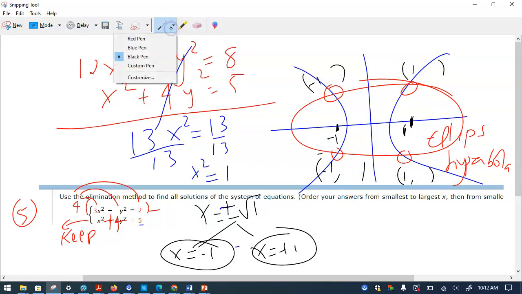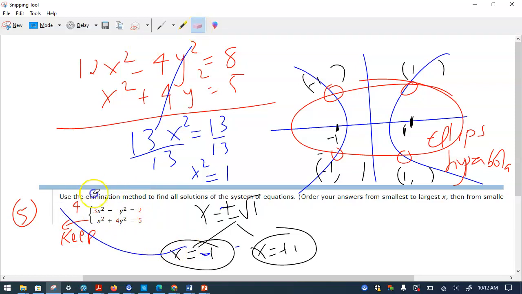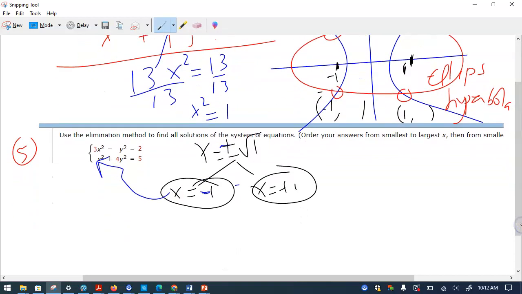All you do is substitute each time. So let's put minus 1 in the second equation. The third doesn't matter. Let's put it in the second equation, it is better. So if I put this right here, you get minus 1 squared plus.